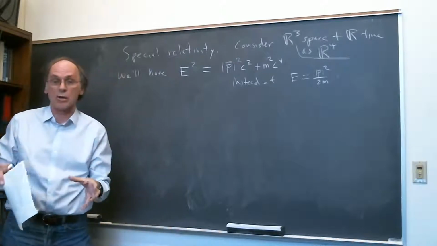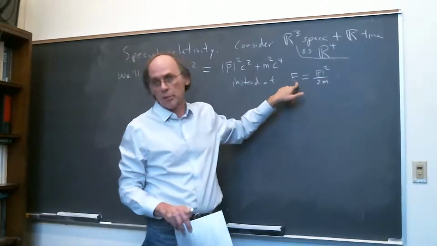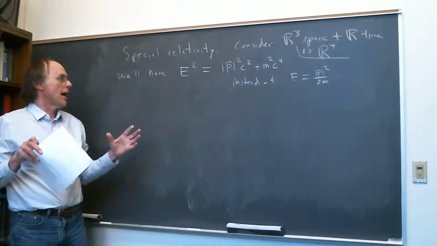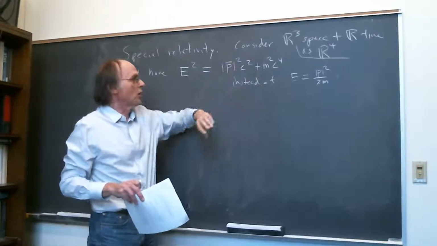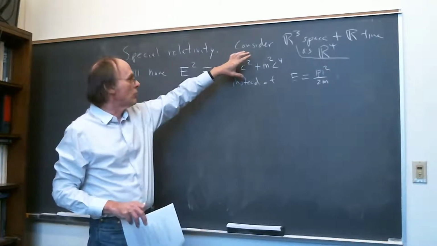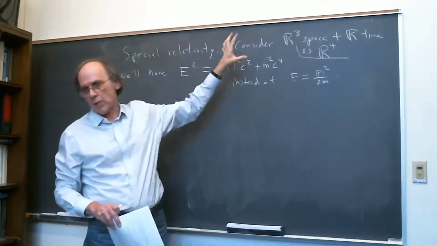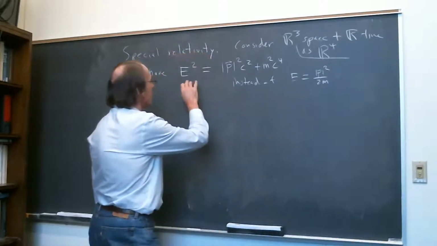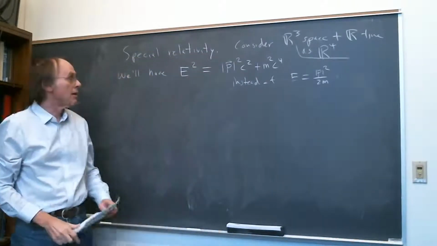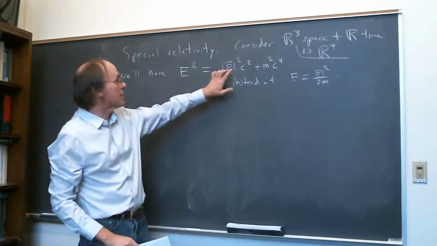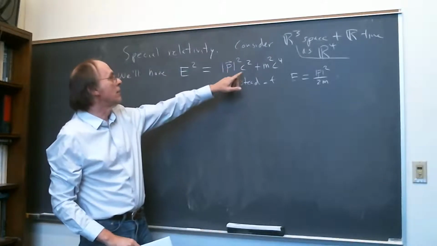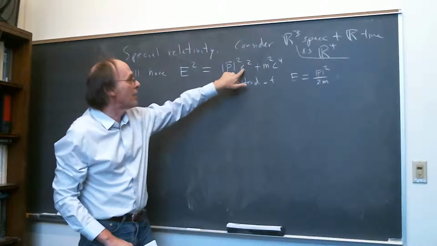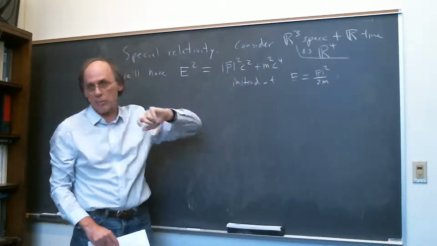Instead of the free particle Schrodinger equation where you get this energy momentum relation, we're going to be looking at relativistic wave equations, and these relativistic wave equations are all going to have this property that the energy squared is the momentum squared times c squared (c would normally be set equal to 1 from now on, but I have it here), plus a mass squared term, and the mass may or may not be equal to 0.